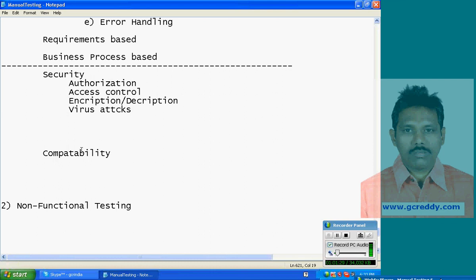Suppose it won't provide maximum level prevention, but minimum level. Even without antivirus software, it has to provide some minimum level protection from virus attacks. See, these are the different factors in security testing.